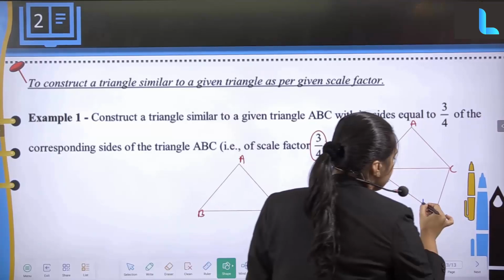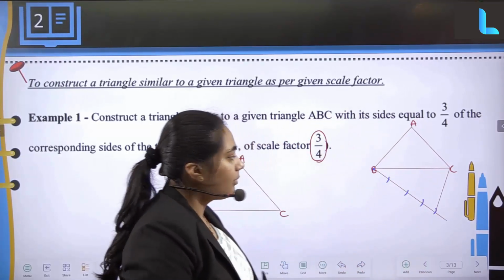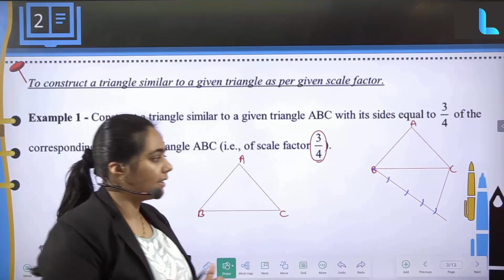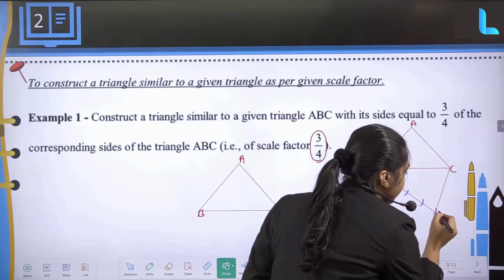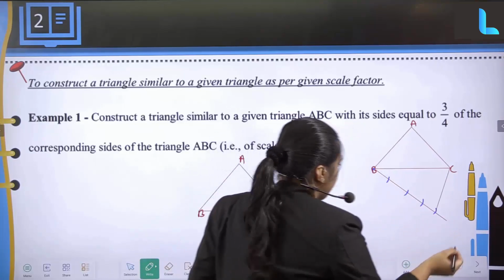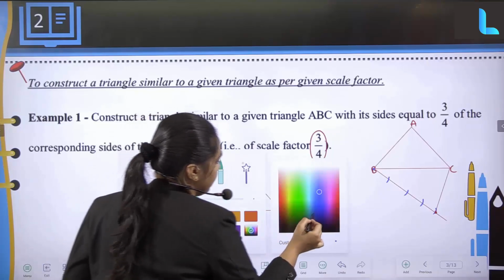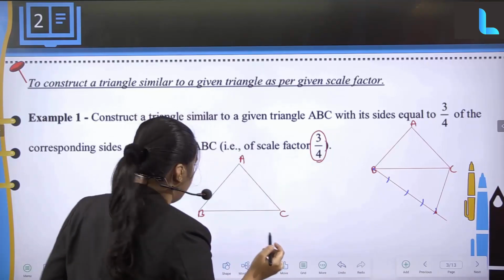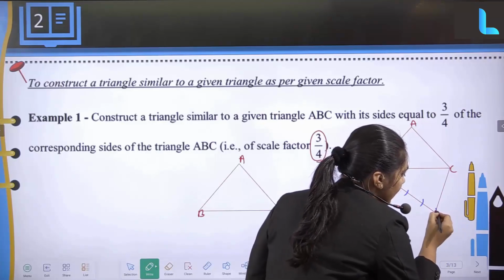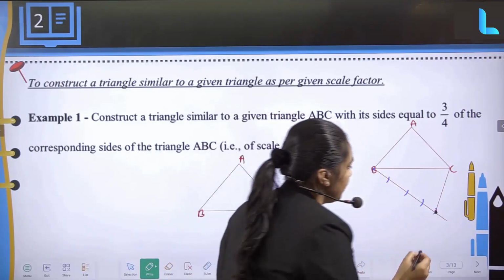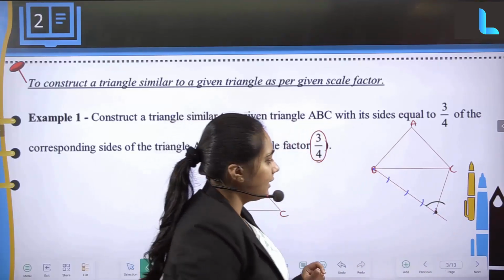From here also I have to draw a line, but I cannot draw that line directly. So the next thing is, again take your compass and point over here. Now draw another arc, somewhere like this.